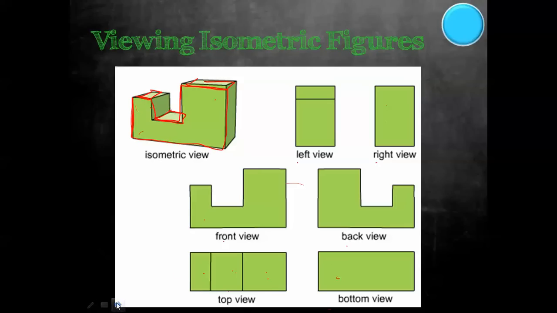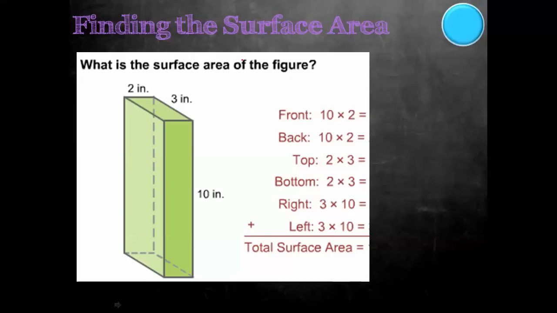Now, these are important because what we're going to do is be finding surface area. So it's really important whenever we find the surface area. Remember, area is the amount of space, the amount of cubes that make up a two-dimensional figure.